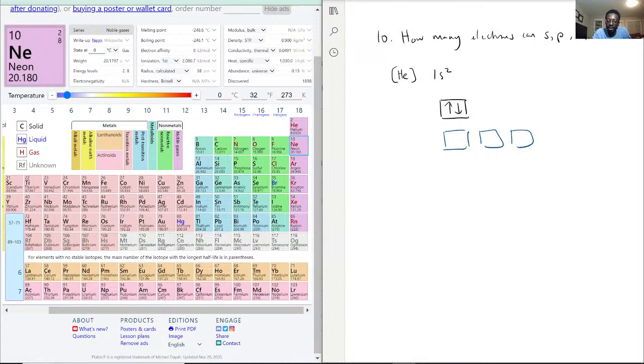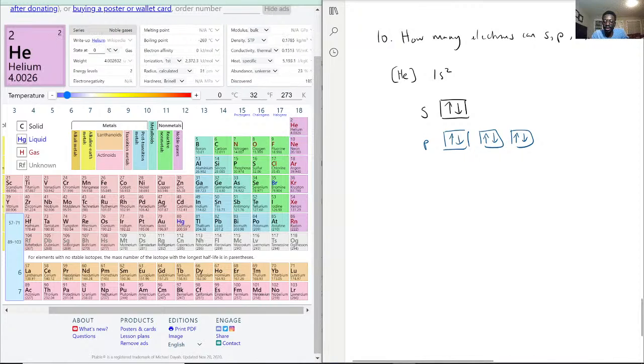So with that, this is the s orbital, this is the p orbital. There we go. And now we're going to figure out the d orbital, because now we know this can hold 6.